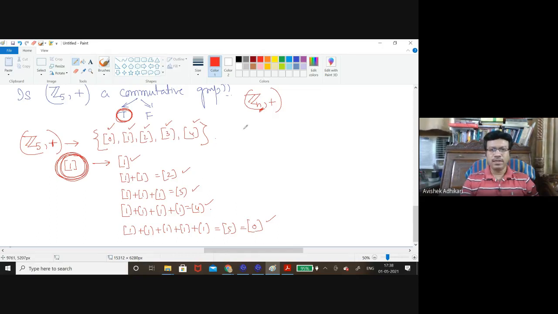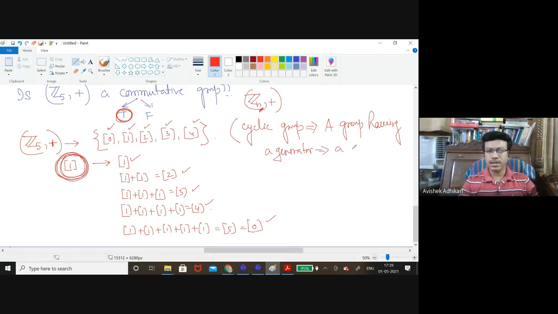That's why this group is called a cyclic group. So what is a cyclic group? A group having a generator. So what is a generator?